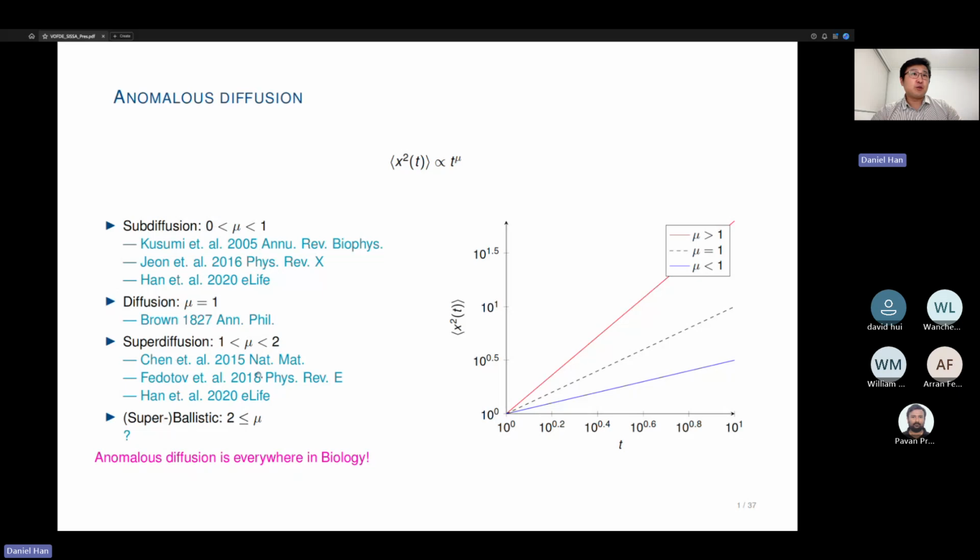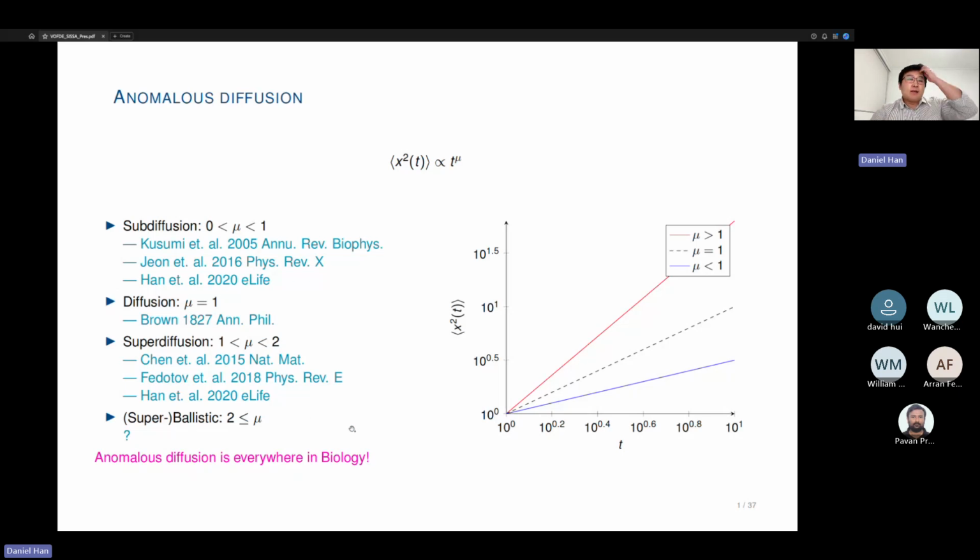You also see superdiffusion of cargo transport when they're being driven by microtubules. I've not yet come across anything that has an exponent higher than 2. I should explain this mu is what you usually call the anomalous exponent or the fractional exponent. And mu greater than 2 would imply that something's moving faster than a finite velocity process.